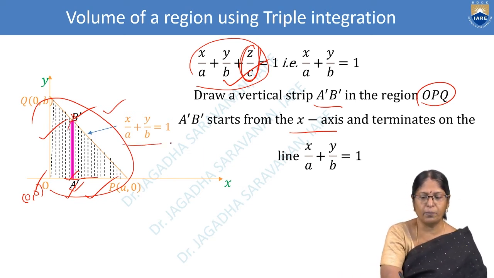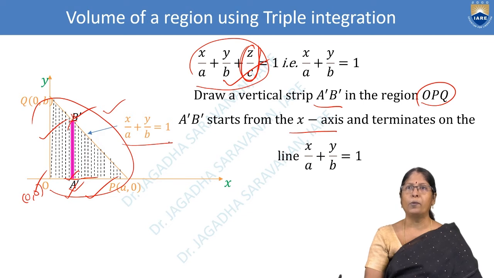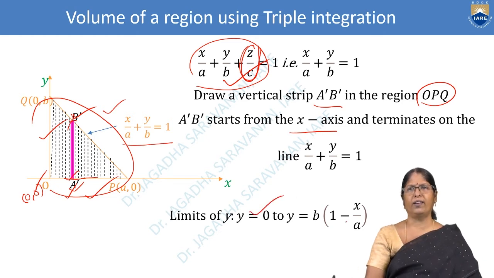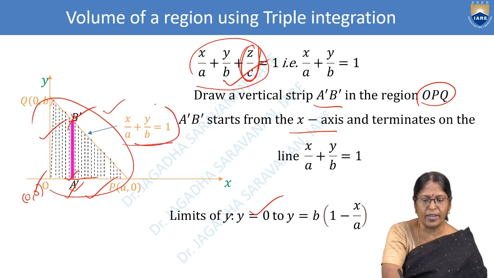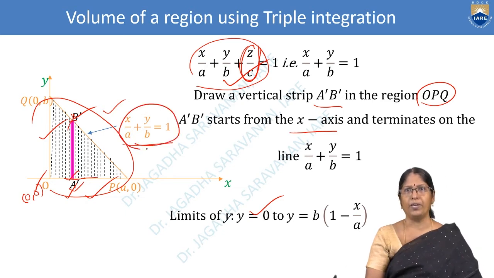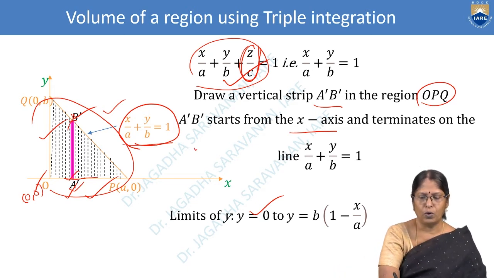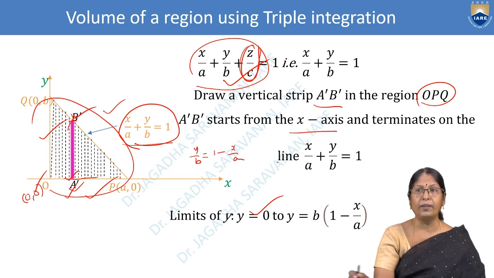This line is nothing but x by a plus y by b equal to 1. We can see it very clearly, y equal to 0 to, from which we can extract what B is. In a very simple way, y by b equals 1 minus x by a, so y equals b times (1 minus x by a).